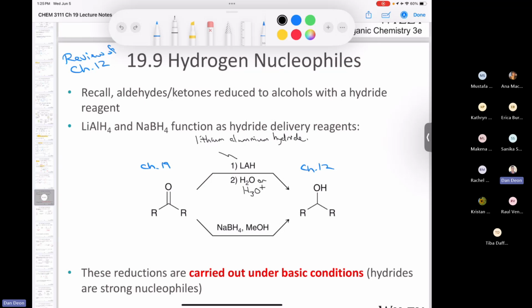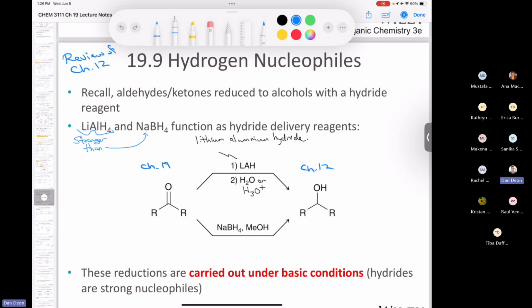However, what you need to know is that lithium aluminum hydride is stronger than sodium borohydride, okay? And that's why it's a two-step process. The first step is the treatment with lithium aluminum hydride. The second step is adding water or acid.